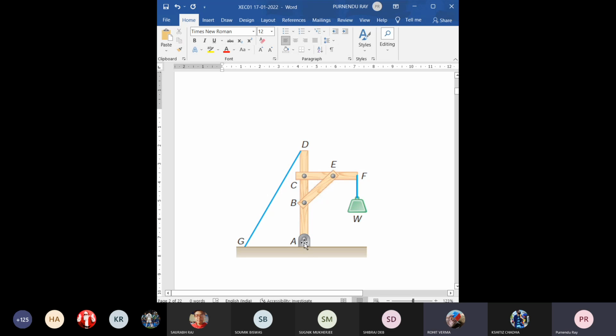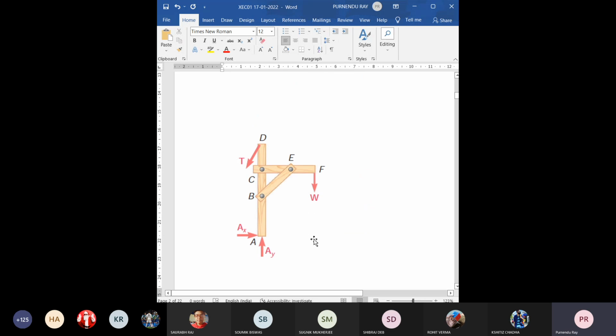There will be a support reaction at A. There may be two components, one vertical, another horizontal, or any other direction according to your convenience, but ultimately a gross reaction force will be developed at A. And these members help to transmit this force to the ground at G and at A through member CF, member BE, and this vertical post AD. Now let us see the next diagram.